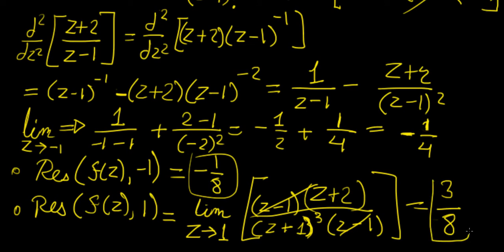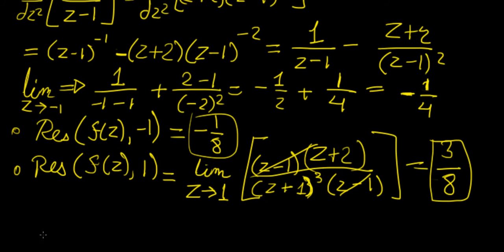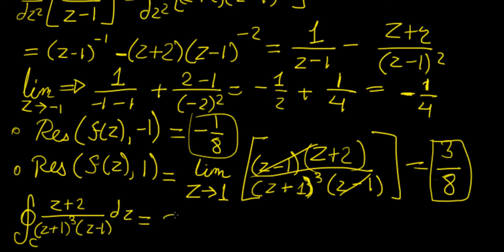So in the end, what we're going to have is the following. Our integral of z plus 2 over z plus 1 cubed times z minus 1 dz is going to be equal to 2 pi i times the sum of the two residues.